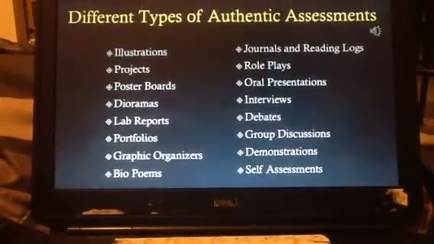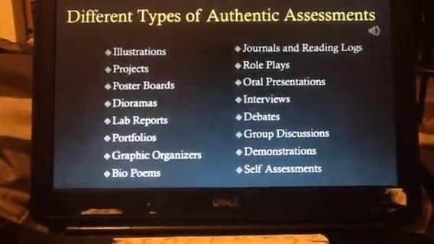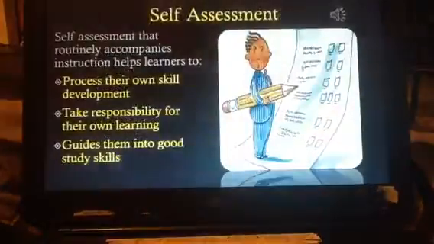And this is a way to just assess students or offer them an alternative assessment rather than the paper-pencil test.